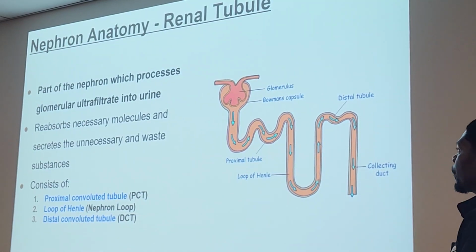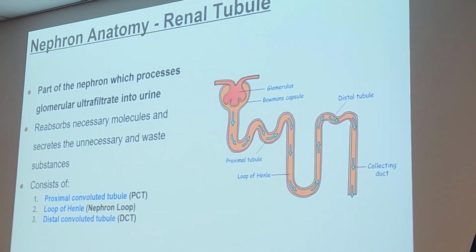It reabsorbs any necessary molecules and secretes the unnecessary and waste substances. So all of this exchange between water, sodium, and all the filtrate is happening within these convoluted tubules right here.